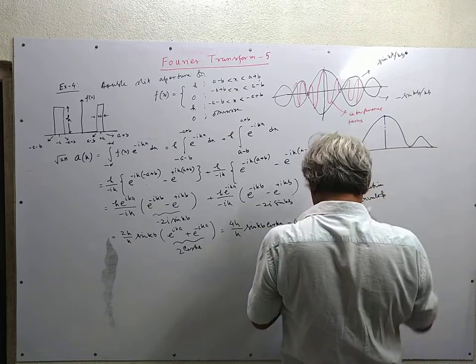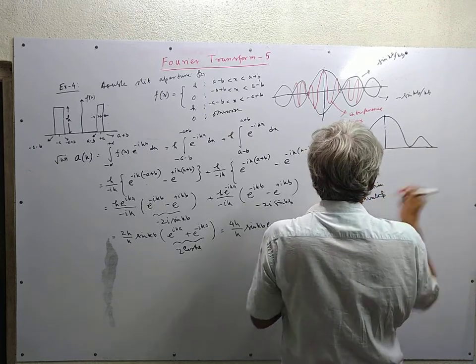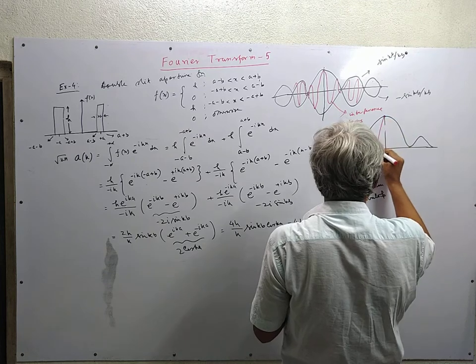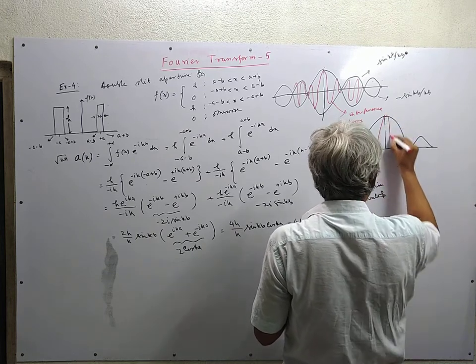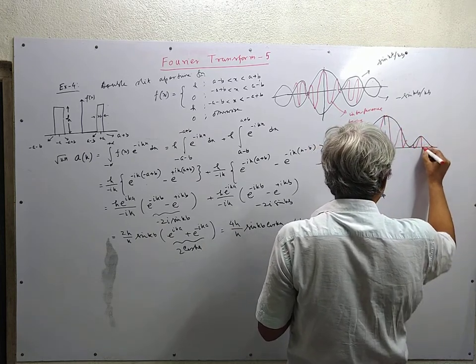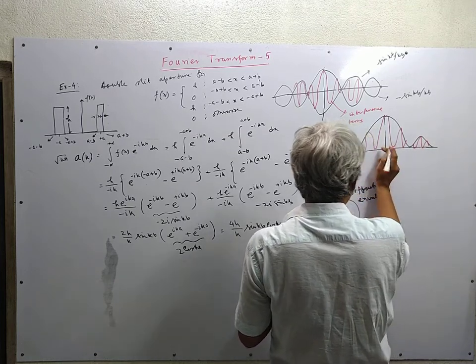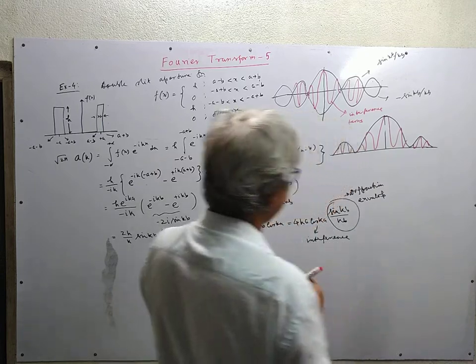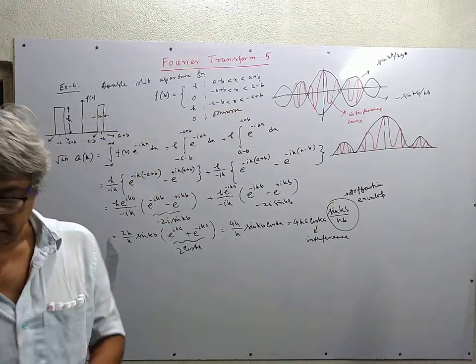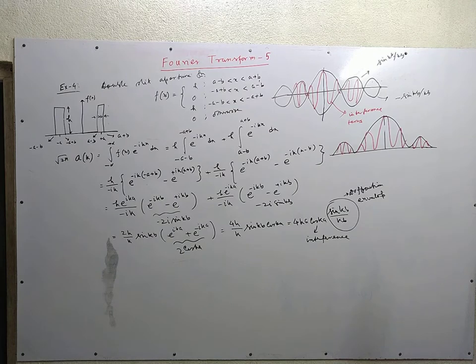This is the central maxima, and these are the bright lines that you see on the spectroscope. So this is the double slit diffraction pattern.